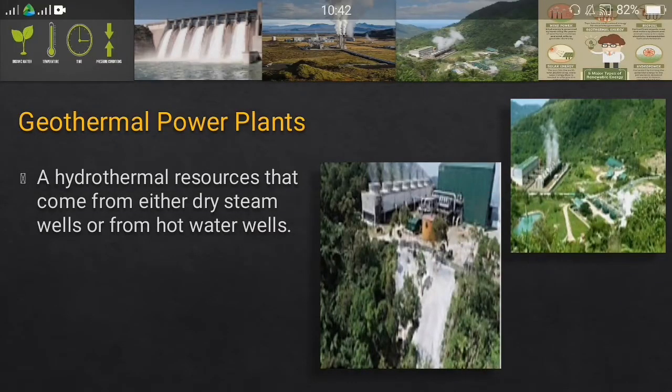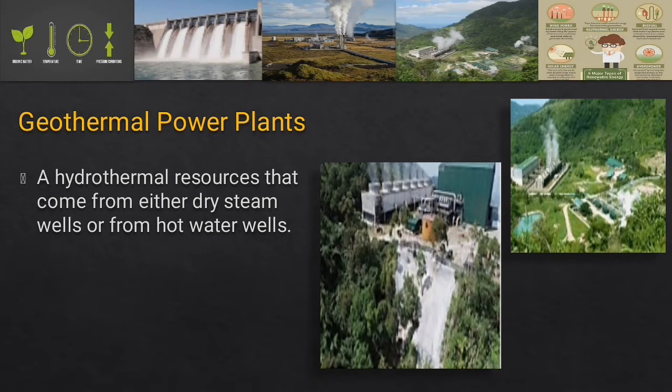Geothermal energy is generated in two ways. We have geothermal plants and geothermal heat pumps. They differ in the depth of the heat source used to produce energy. Geothermal power plants are hydrothermal resources that come from either dry steam wells or from hot water wells.